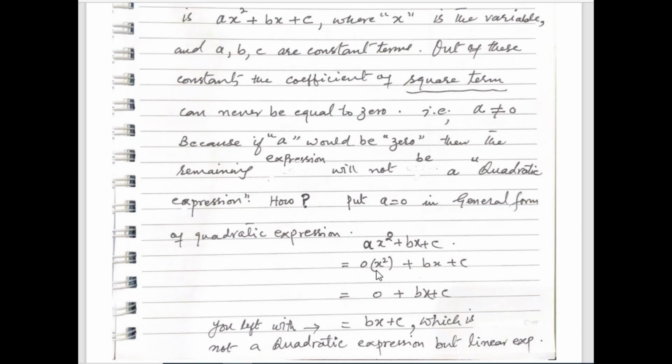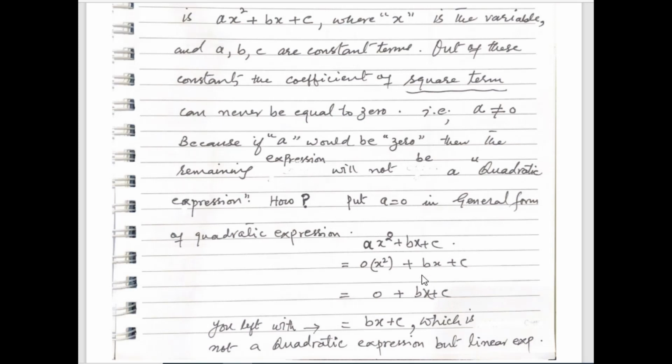Whenever a bracket is involved in an algebraic expression, you may multiply the outer number with the inner number or variable. Now 0 multiplied by x square will give you 0, and the rest of the expression will be a linear expression. This is not a quadratic expression. bx plus c is just a linear expression.